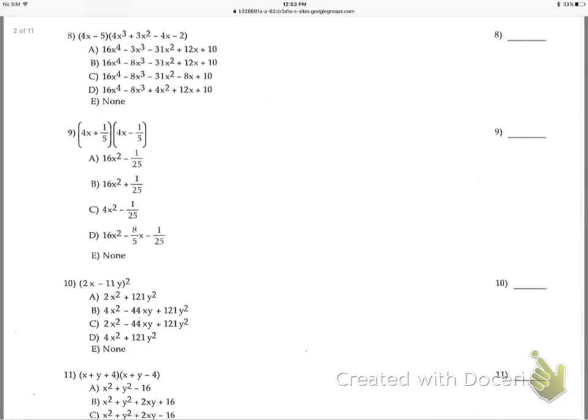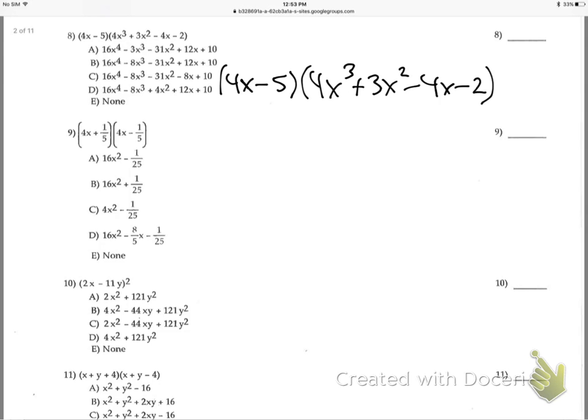Okay, so number 8 up there. Number 8 says 4x minus 5 times 4x cubed plus 3x squared minus 4x minus 2. Okay, so that 4x, first off, it's going to be 8 multiplications, right?